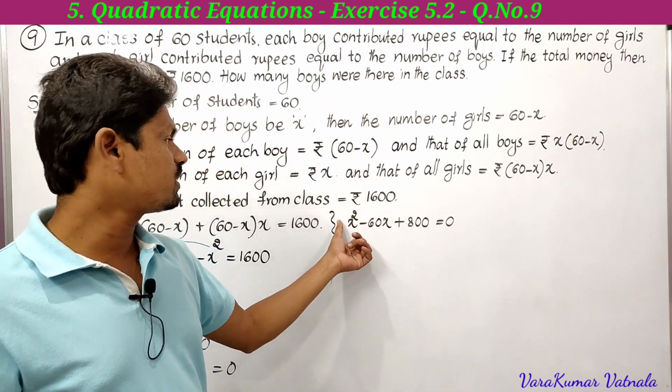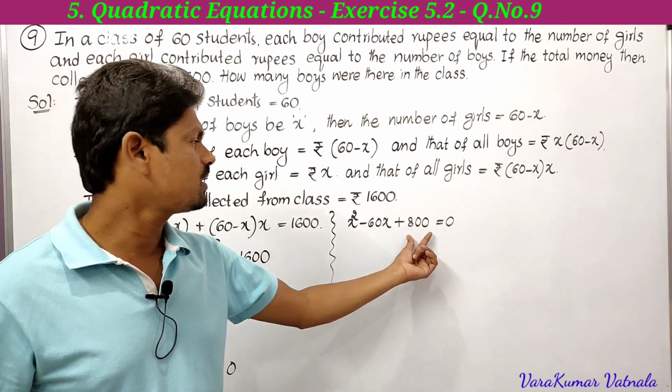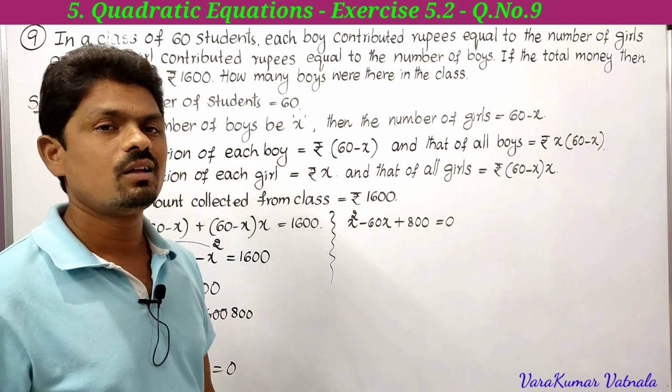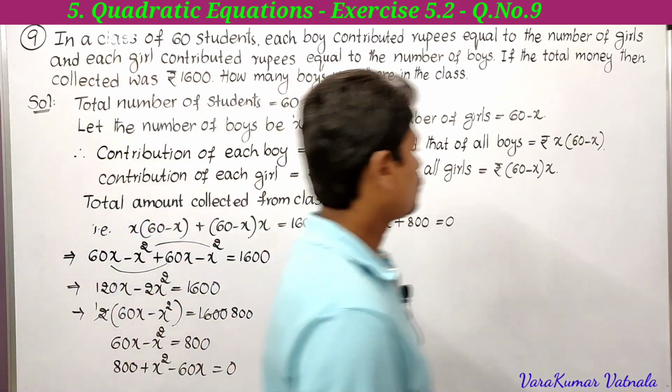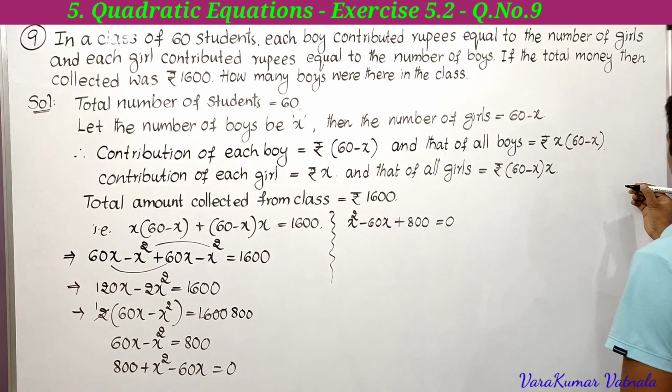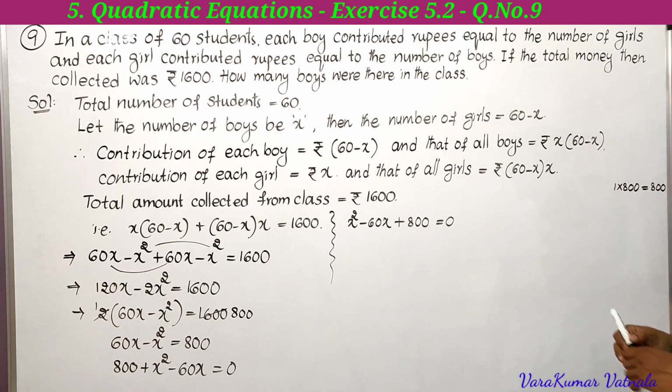Here the coefficient of x square is 1, the coefficient of x is minus 60, the constant is 800. So multiply the coefficient of x square with the constant. The coefficient of x square is 1, into the constant 800, 1 into 800 equals 800. Now we have to select 2 factors for 800.